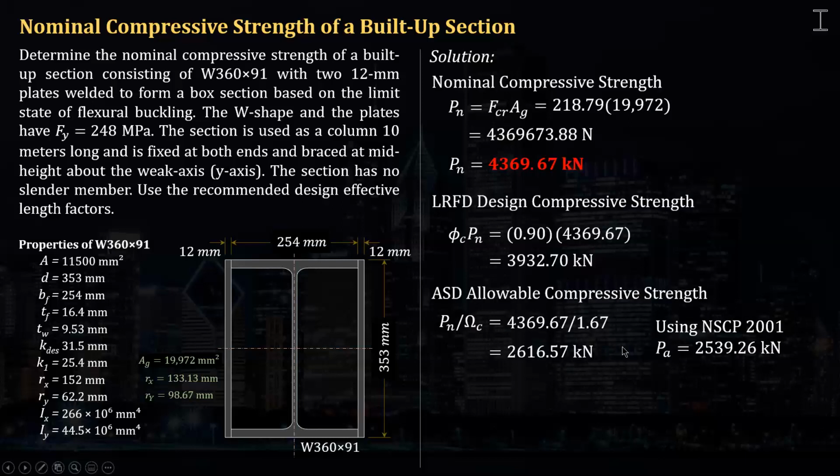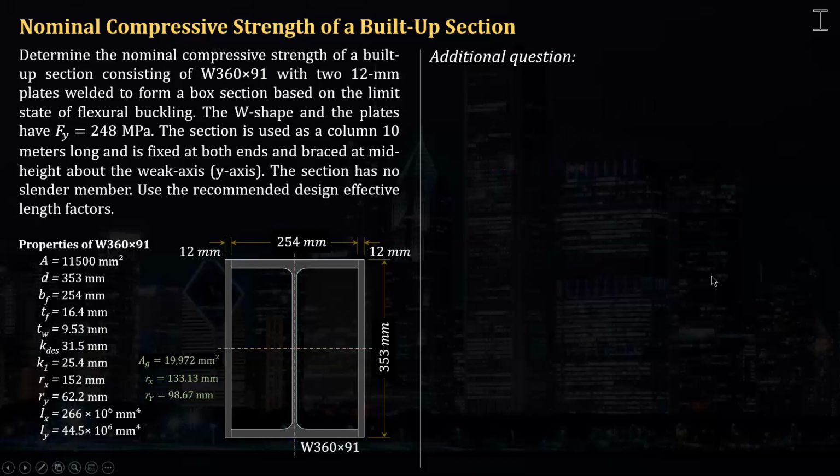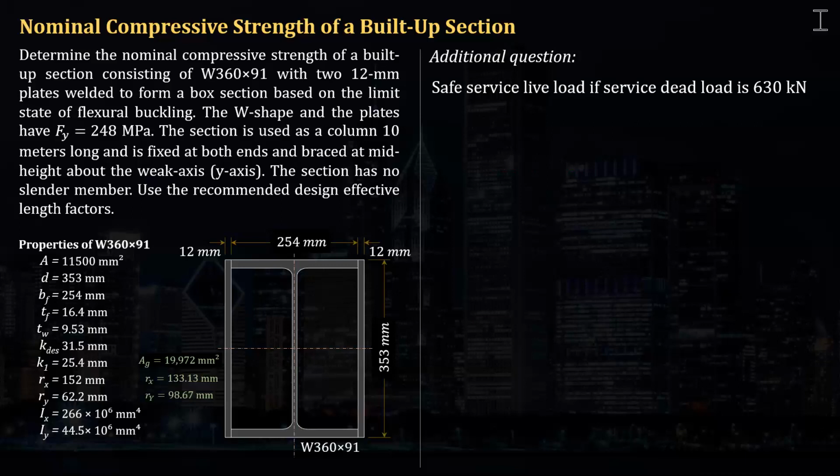Now, what if there is an additional question? Upon having this, nakuha na natin yung mga nominal strength, LRFD design compressive strength, and also ASD allowable compressive strength. What if this is the question? What is the safe service load if the service dead load is 630 kilonewton? This is compressive load.